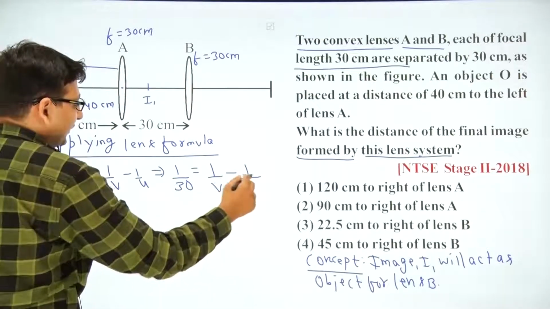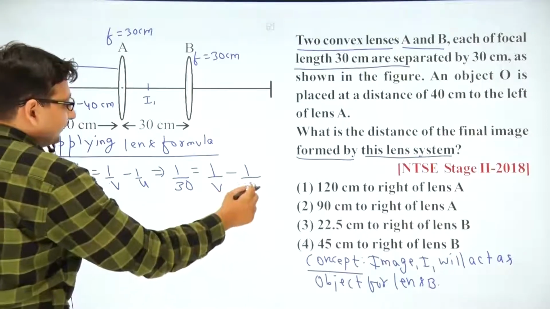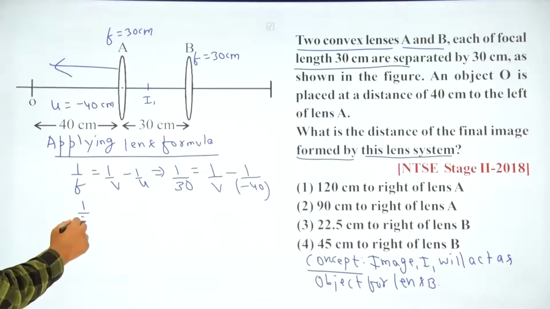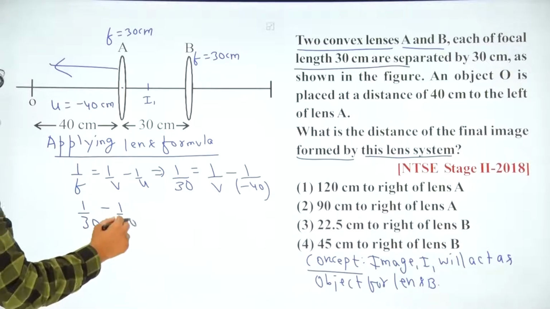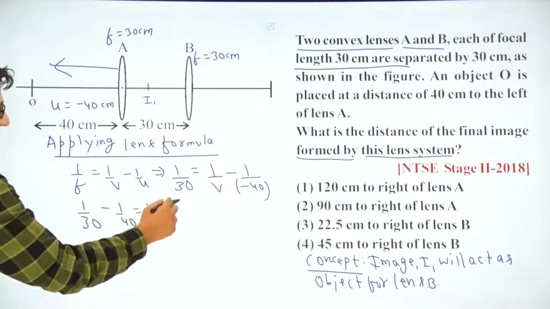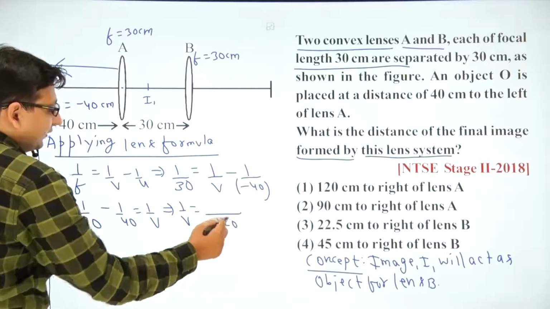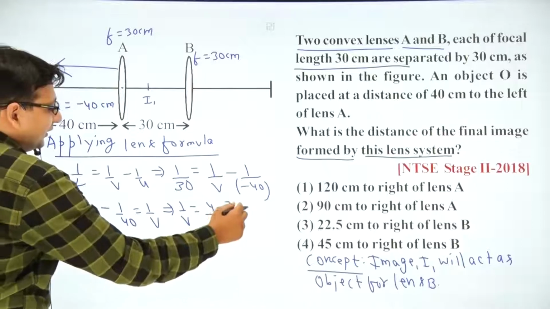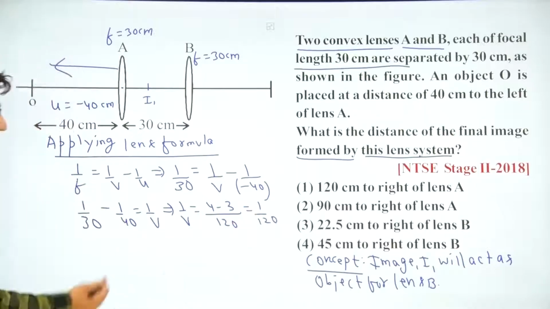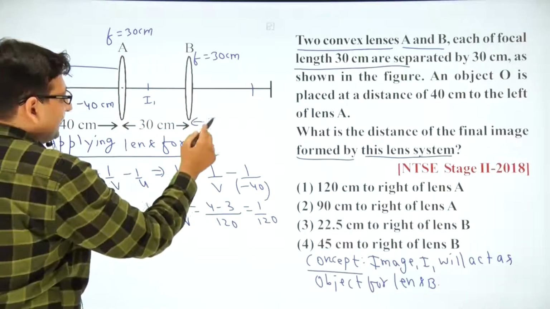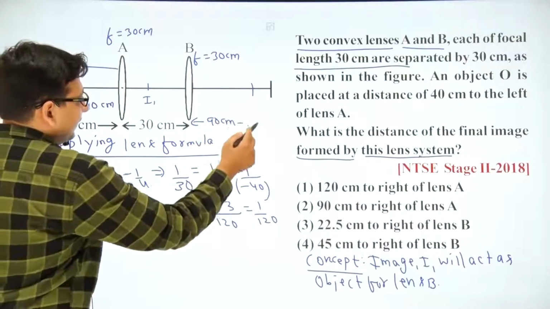So minus of 1 upon minus 40 will become plus. Taking to the LHS, 1 by 30 minus 1 by 40 equals 1 by v. The LCM will be 120, so 4 minus 3 equals 1 upon 120. So I1 is located at a distance of 120 from here, which means 90 centimeter from lens B.